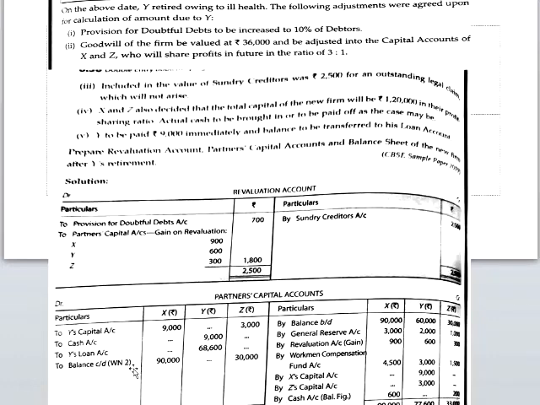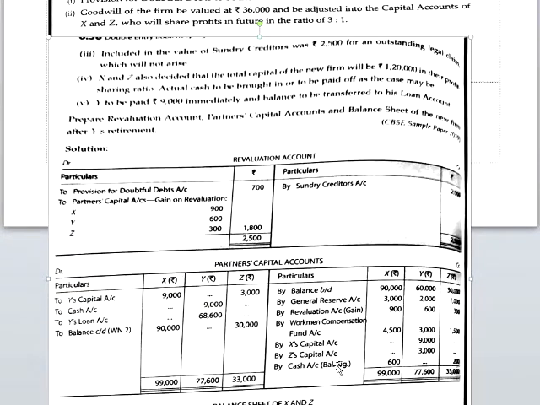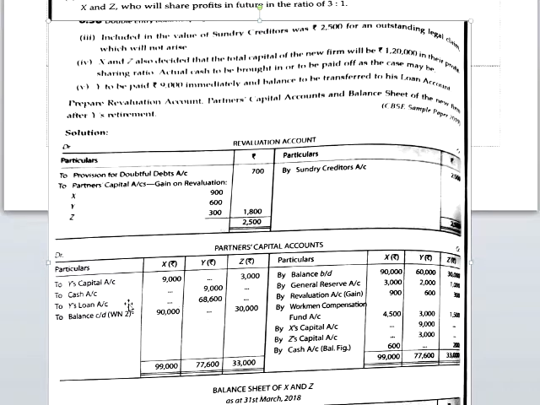So here X and Z are specified. So see, in Y's capital, on the debit side X 9,000, Z 3,000. And see, the immediate payment made to Y, this is showing the settlement of Y, that is 9,000 is immediately paid, and the balance 68,600, while balancing the debit and credit side, is transferred to the loan account.